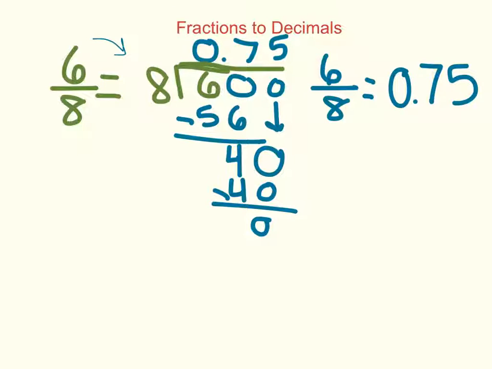Okay, moving on to our next example. We will use 9/20. Again, we are going to divide. 9 is on the inside, 20 on the outside. 20 does not divide into 9, so we put a 0, place a decimal, bring down another 0. 20 goes into 90 4 times. 4 times 20 gives us 80.